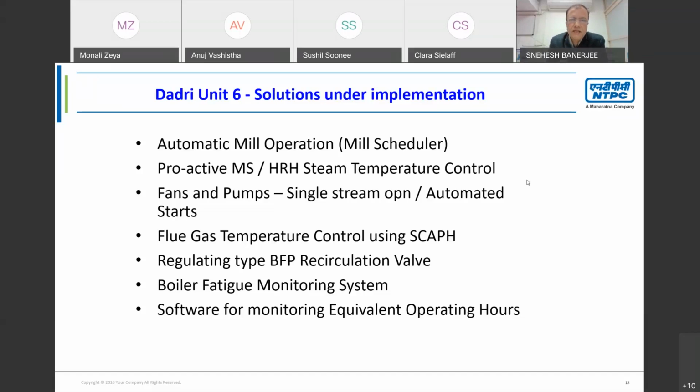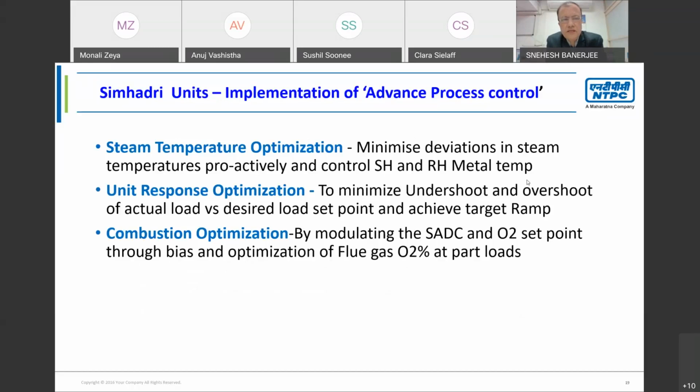In another unit, Simhadri, we are introducing temperature optimizations, unit load response optimizations, and combustion optimizations. These are the two units where we are implementing, and based on the experience gained, we will go in for a larger perspective, maybe large-scale implementation of flexibilization in our different coal-based units.